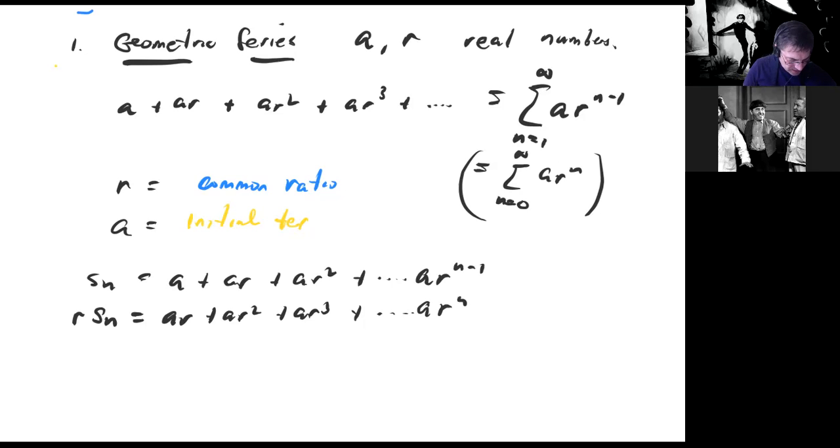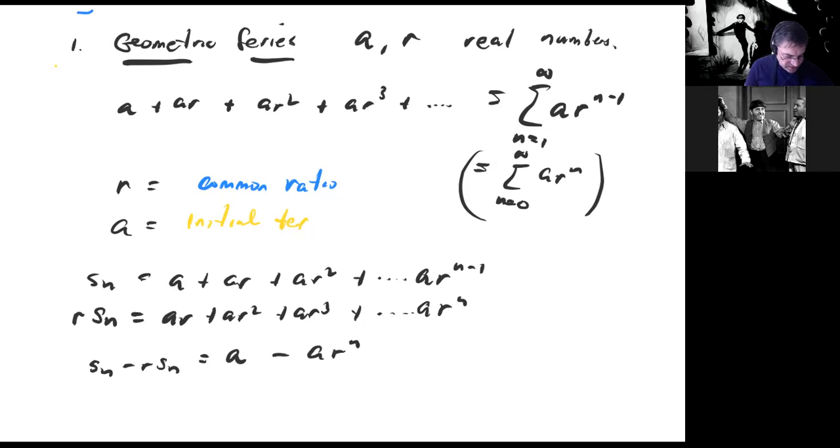You're going to get S_n minus r S_n is equal to, now every term on the first line of the first equation on the right, except the initial term a, is going to be canceling with some term on the bottom equation. So you're going to get an a, and then what's left over is a minus ar to the nth power.